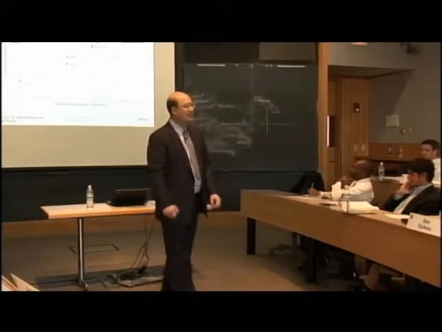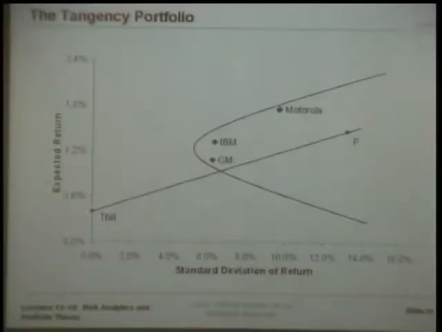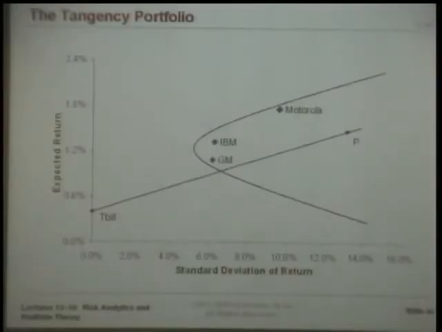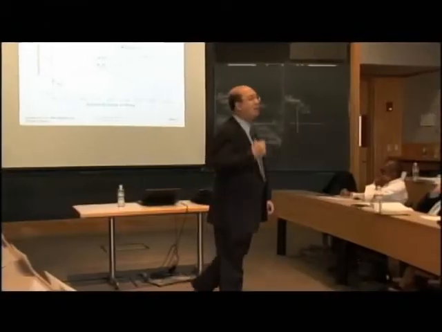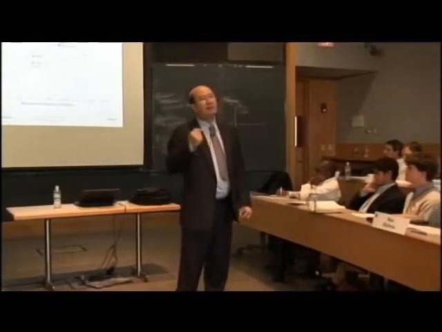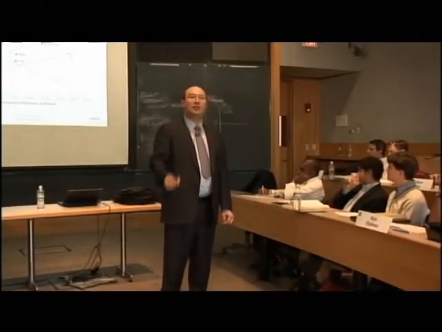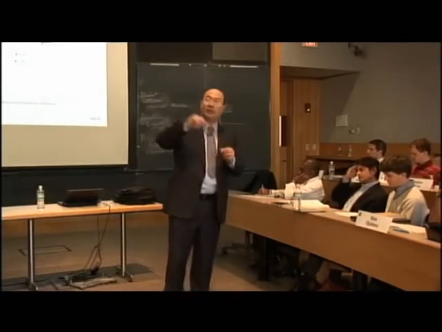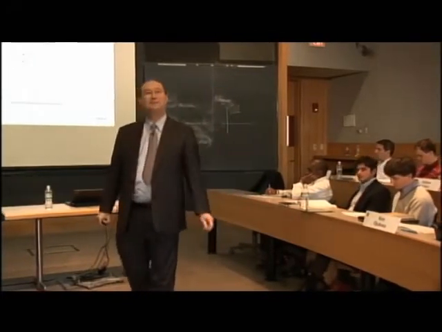Yeah, Ken. Kind of the line from the T-bills through GM. Exactly, that's right. If I wanted to mix T-bills with General Motors, I get that straight line right through that dot. If I wanted to mix T-bills with IBM, I'd go through that dot with IBM. If I wanted to mix T-bills with Motorola, I'd go through Motorola. And if I wanted to mix T-bills with any portfolio on that frontier, on that upper branch, it would just be a line between T-bills and that point on the upper branch, right?